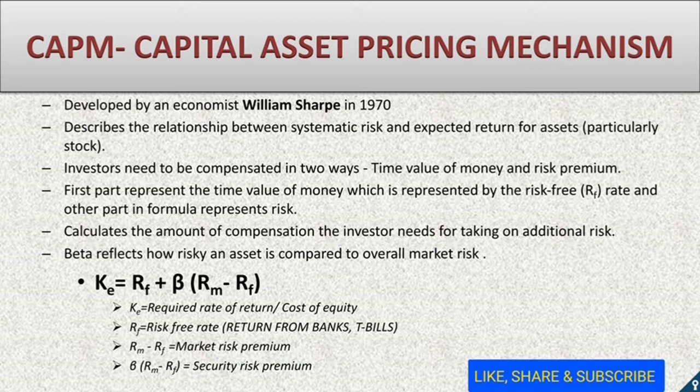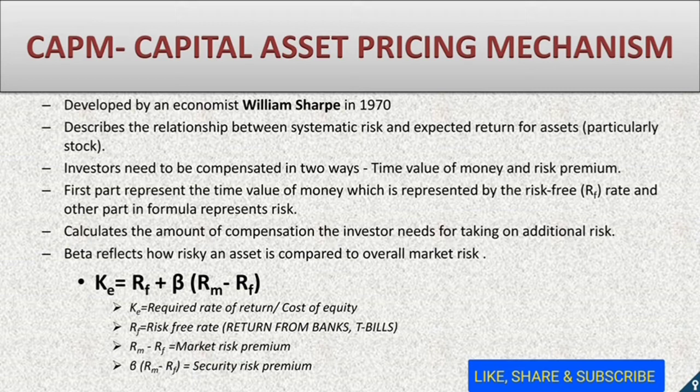What is risk premium? Risk premium is the extra return that an investor gets when he or she invests the money in those securities which have systematic risk. So, this is the extra return from the securities, known as risk premium, and the risk involved is called systematic risk.